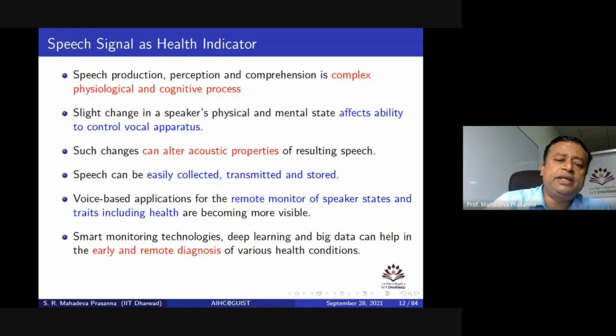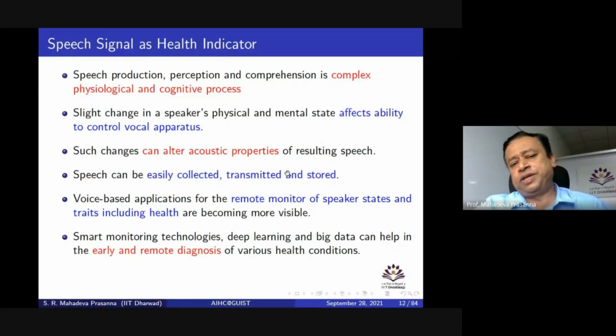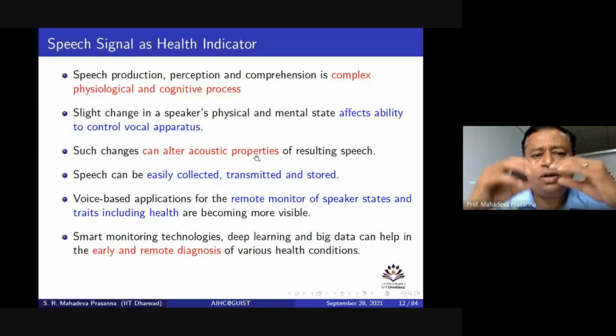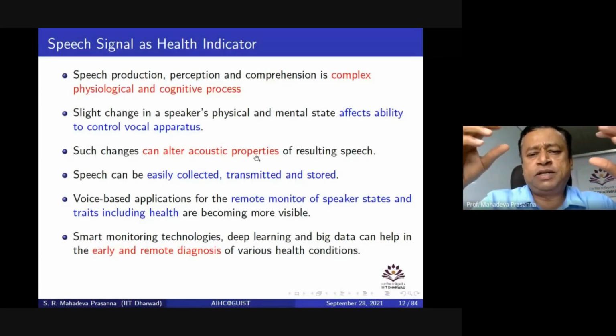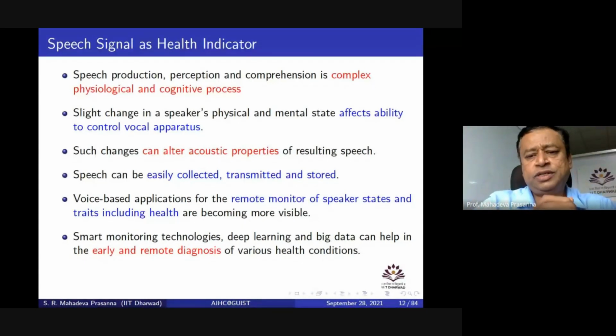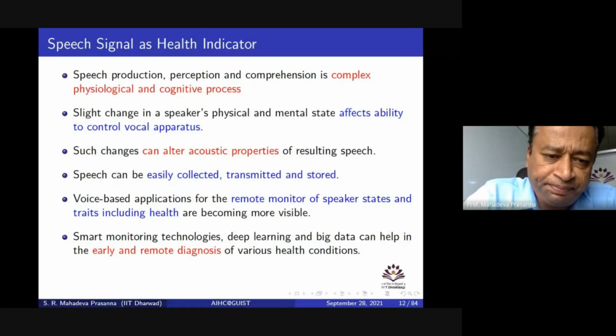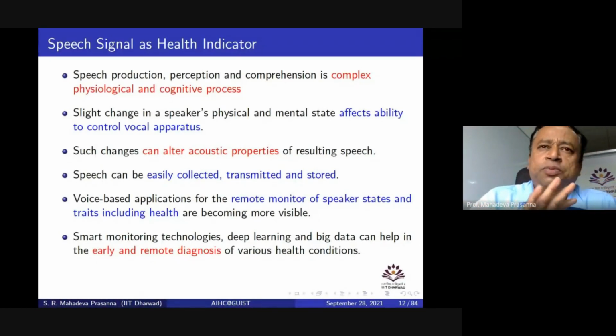So that change in the control over the vocal tract apparatus can in turn alter the acoustic properties of the resulting speech. This is very important. Speech production, perception and comprehension is a very complex physiological and cognitive process. If there is a change in the speaker's physical or mental status, it will affect the whole speech production system.